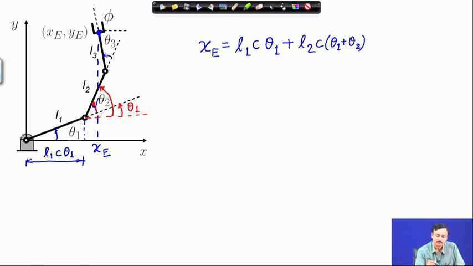Similarly, the projection of link L 3. This is a line parallel to the x axis. The projection of L 3 on the x axis will be L 3 cosine of this whole angle. Now, this whole angle is composed of the following parts. This angle is the same as this angle, as you can see, so this is theta 1 plus theta 2.